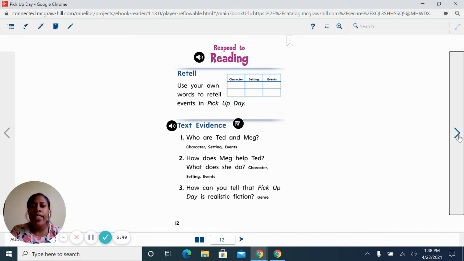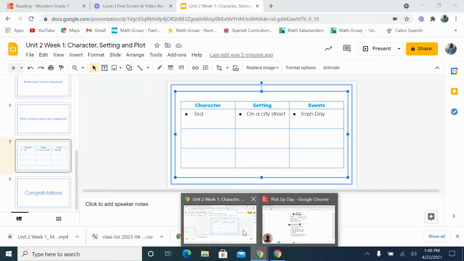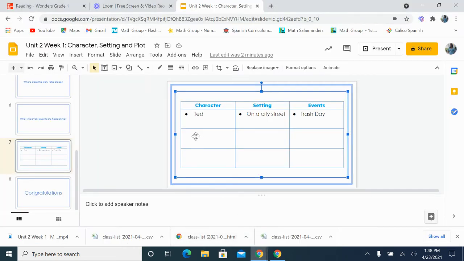Who are Ted and Meg? Let's revisit our chart and fill in those answers. Another character in our story is Meg. Let's write that down.